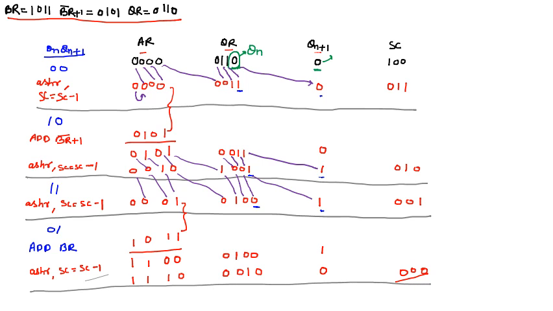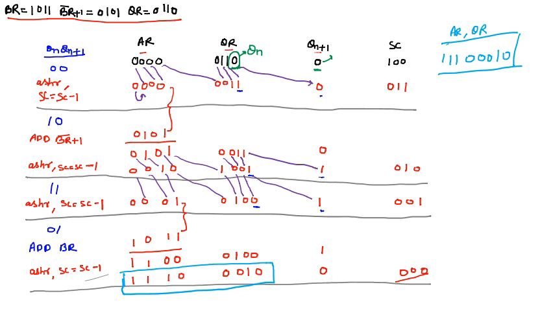And our final product will come in the two registers AR and QR. So let's rewrite the value of AR QR together here. AR and QR, it is 1 1 1 0 0 0 1 0.